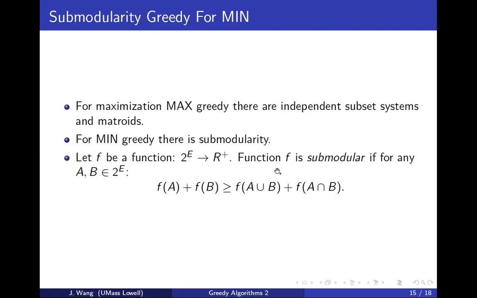Then we say function f is submodular if for any subsets A and B of E, which means they are elements of the power set, we have f of A plus f of B, remember, it gives you a positive real number, is greater than or equal to f of A union B plus f of A intersect B. So if this is satisfied, then this function is called submodular.